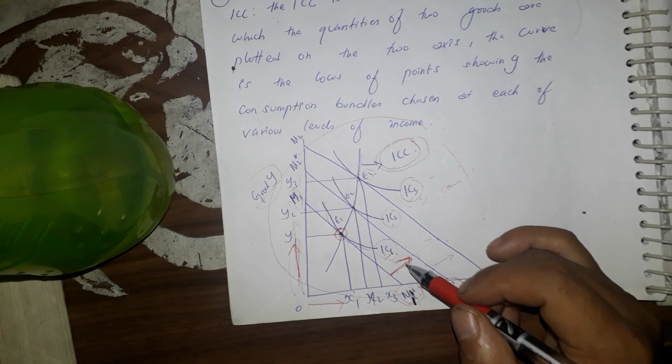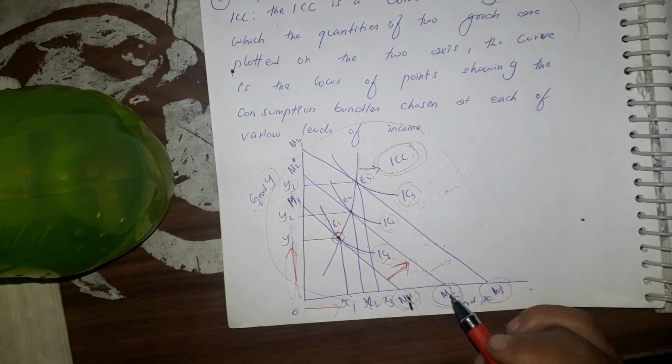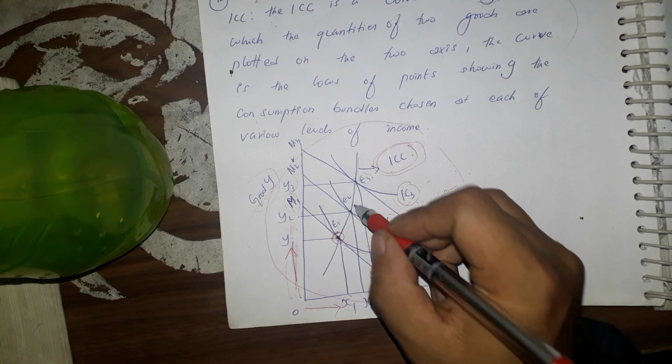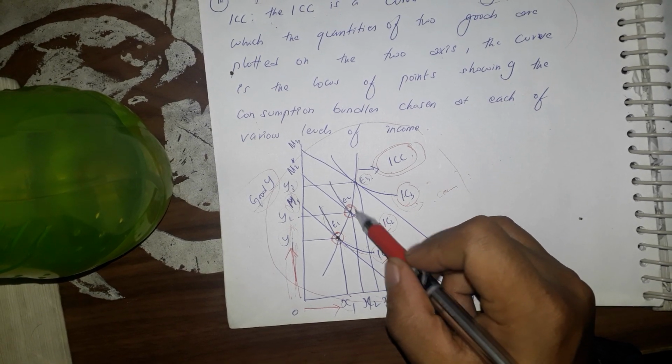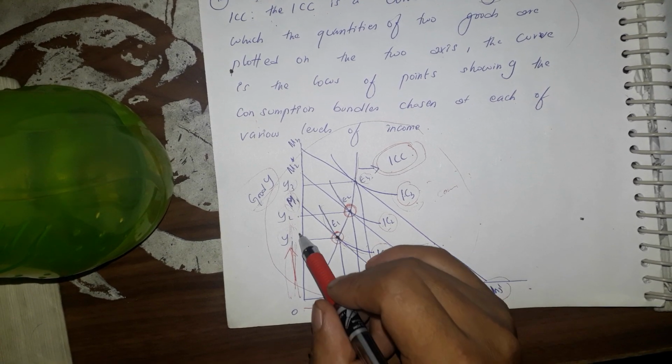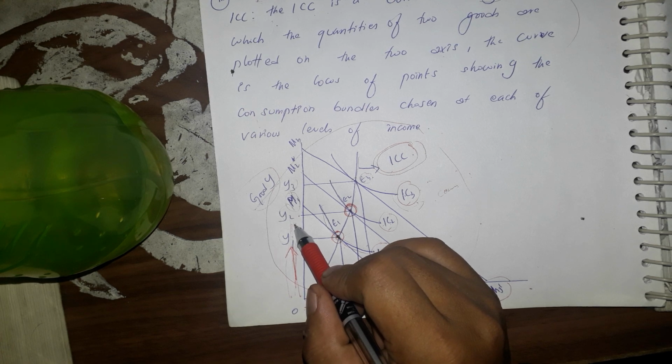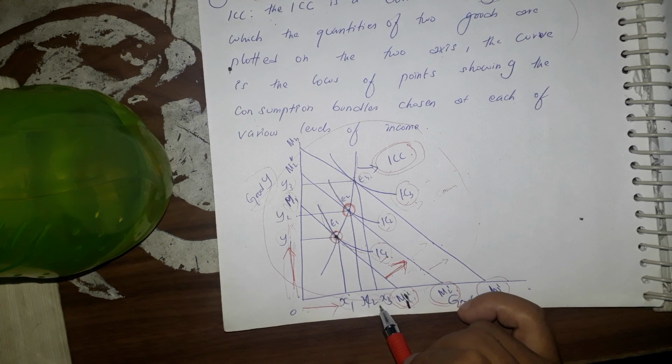As a result, the consumer will be buying more units of both goods. So now the consumer will be in a new equilibrium point, E2, where he will be consuming OY2 unit of good Y and OX2 unit of good X.